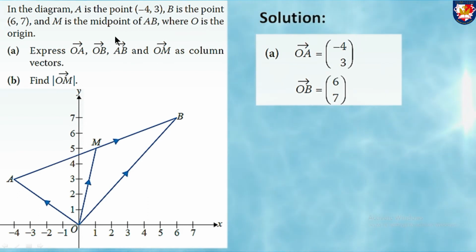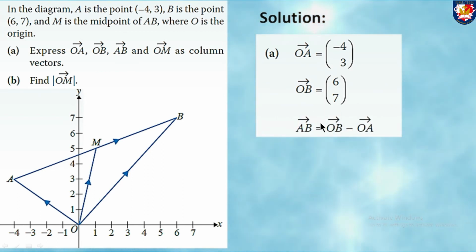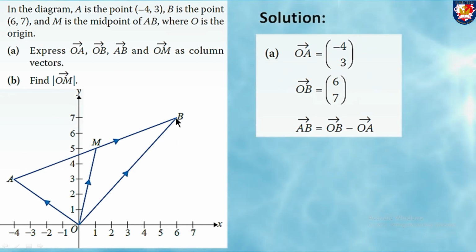Next, we express vector AB. Vector AB equals the position vector of the terminal point minus the position vector of the initial point. So AB equals OB minus OA.